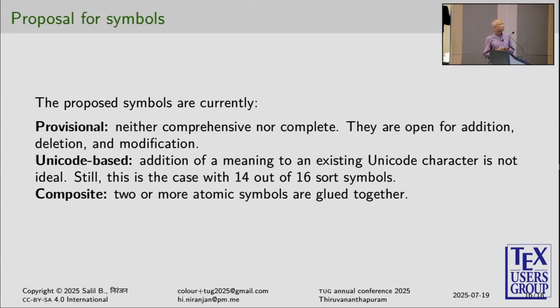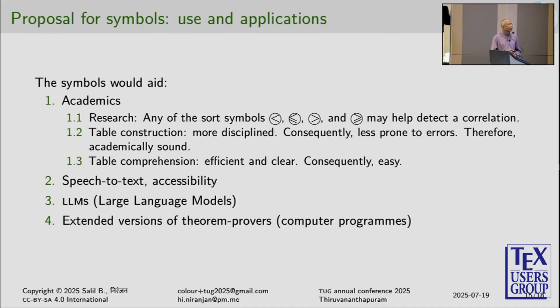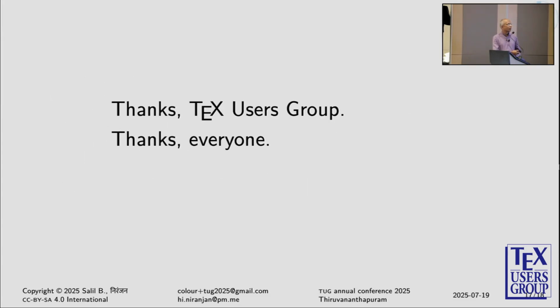And some of these symbols are composite, in the sense that 2 or more atomic symbols are glued together. For instance, we saw this. So here it's less than, that is one atomic symbol, and another atomic symbol is the circle.